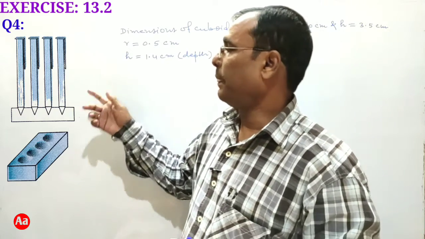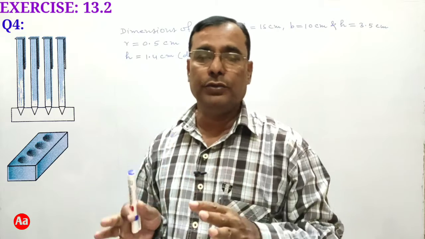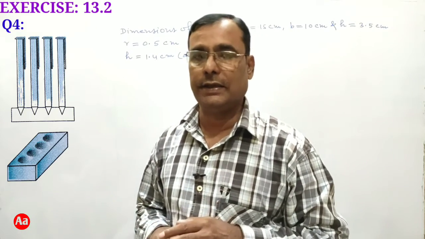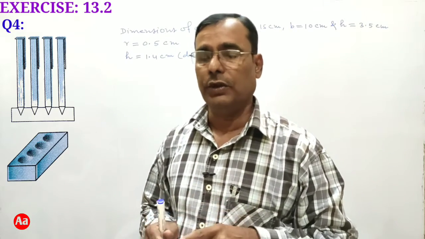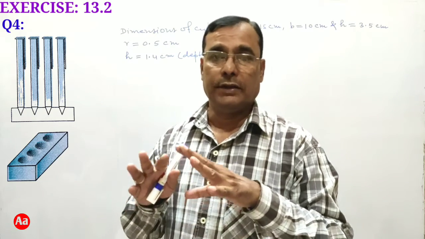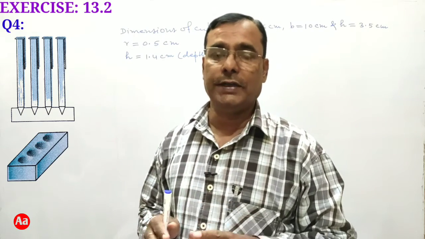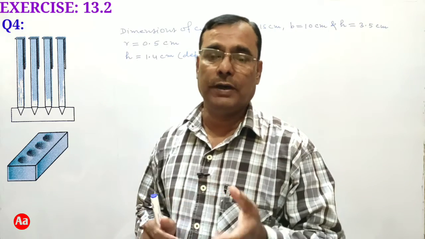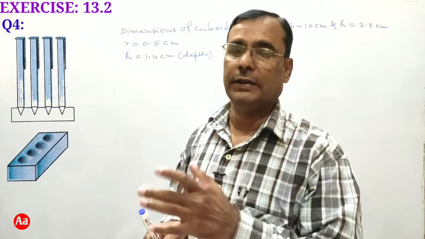Volume of wood in the entire pen stand is going to be equal to volume of the wood in the shape of a cuboid minus volume of 4 conical depressions.